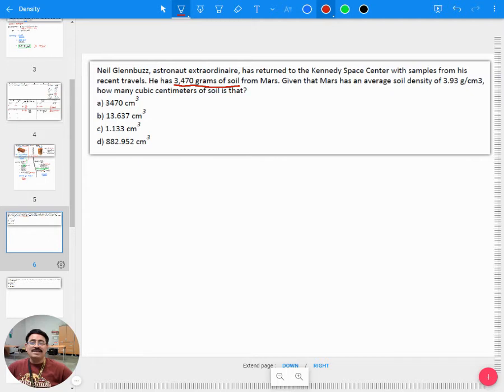Given that Mars has an average soil density, so density is given, mass is given, and the third element is the volume, right? So the question is how many cubic centimeters of soil is that? That means you are asked to find the volume.